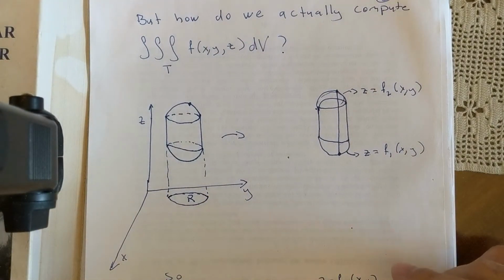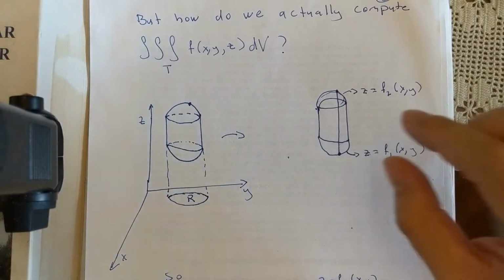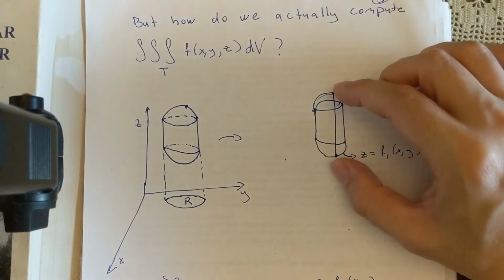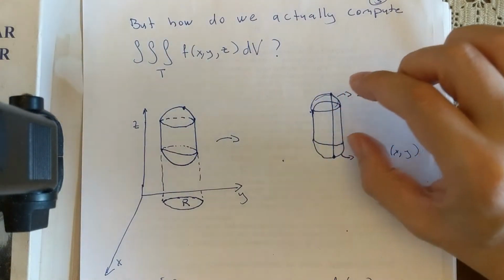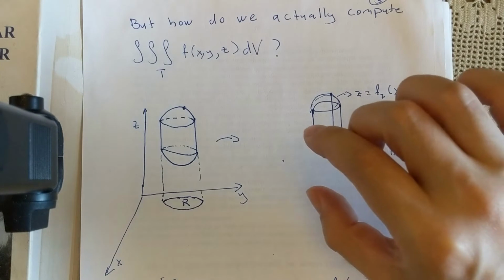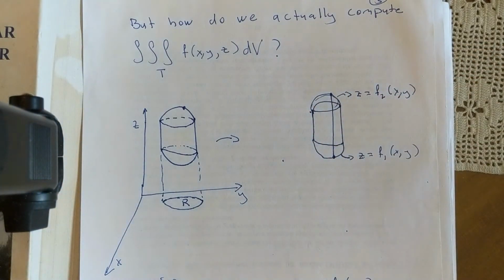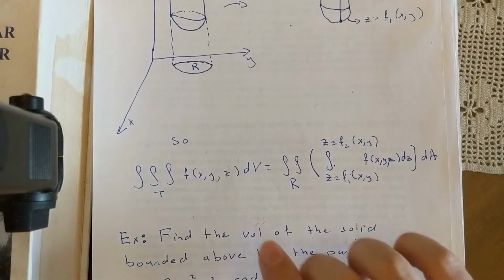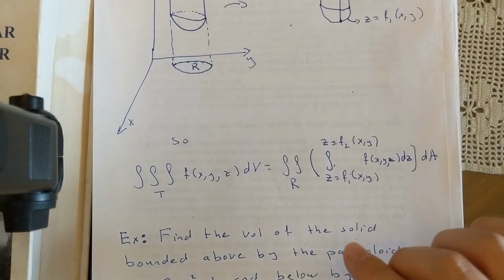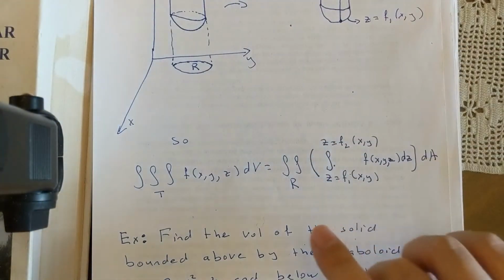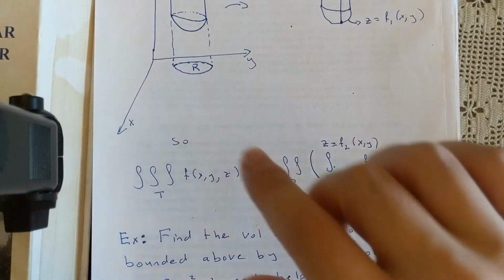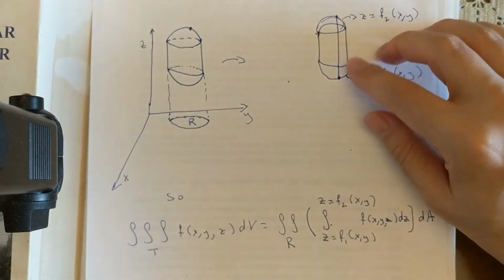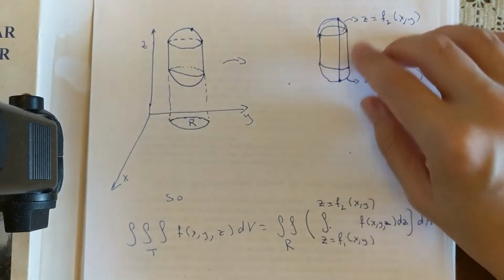What we're going to do is think of vertical elements. So for each point here, we're going to do all of these lines over the whole two-dimensional region R. What we actually mean by the triple integral of the function f over this solid T, and again you'd like f to be continuous, is you integrate over this region R, the double integral, of the integral from z bottom to z top.